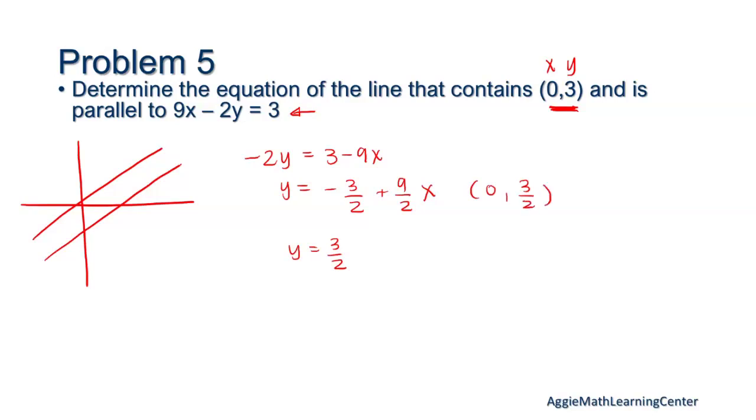We get 0 and 3/2, but we want 0, 3. Do you know what we could do to change our equation so that it contains our new point? We're looking for 0 and 3. That's the point we want the line to contain, with the condition that it's parallel to this line.